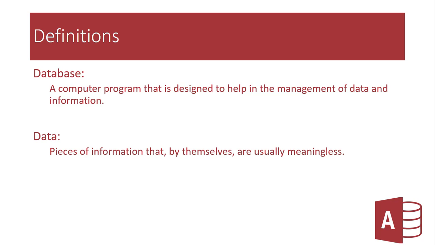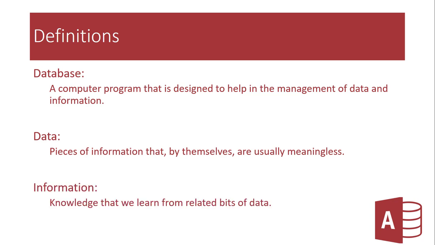So data is just one piece of information that by themselves is usually meaningless. Information, on the other hand, is knowledge that we learn when bits of data are related together in a way that makes sense to us as humans. So it's knowledge that we learn from related bits of data.